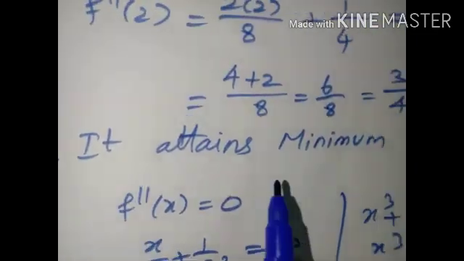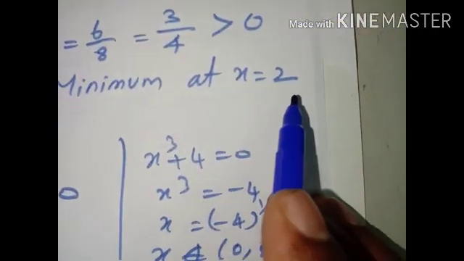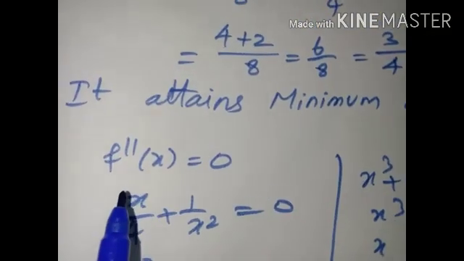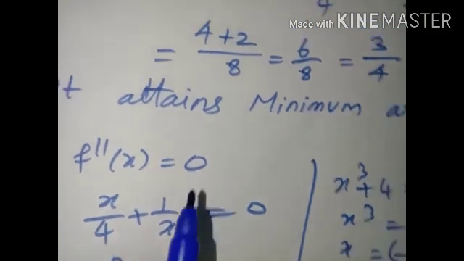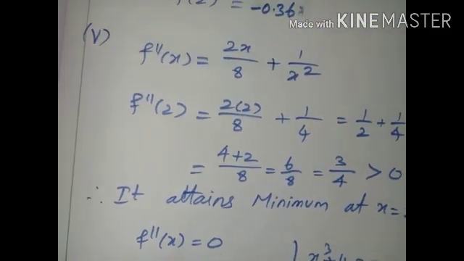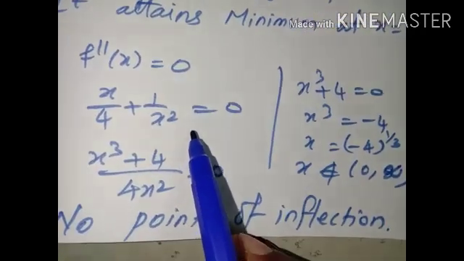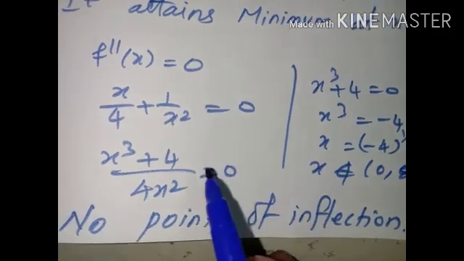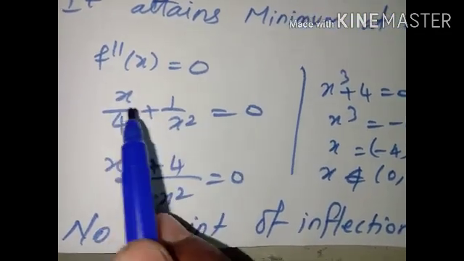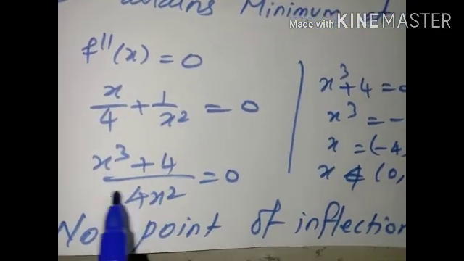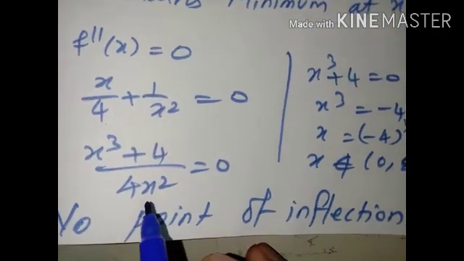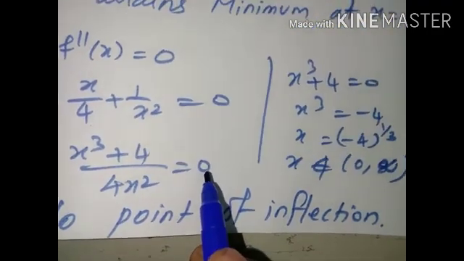Therefore it attains a minimum at x = 2. Now set f''(x) = 0. So f''(x) is x divided by 4 plus 1 divided by x squared, equal to 0. Cross multiplying: x into x cubed plus 4 divided by 4x squared equals 0.